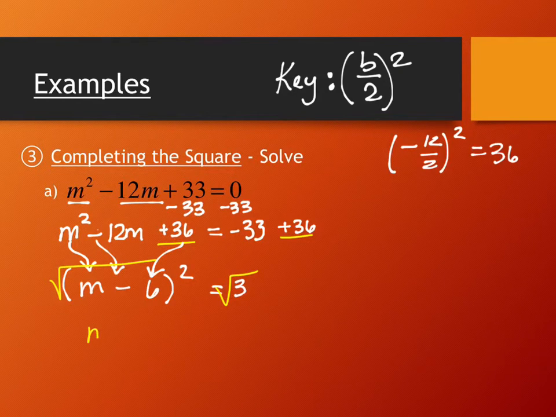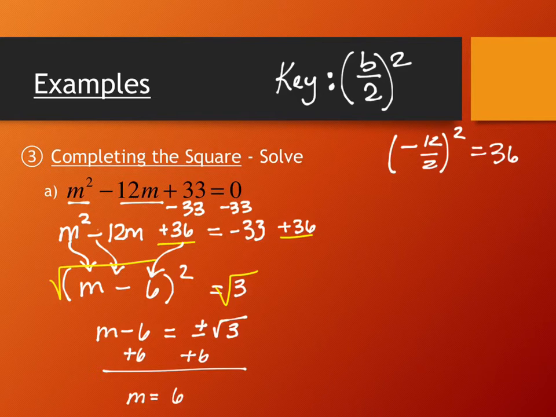I am left then with the m minus 6 on the left. On the right, since we put the square root on, we have to put a plus or a minus. But 3 doesn't simplify, so it's just square root of 3. And then I shift the 6 to the right. And again, it's typically written in front, so we have a 6 in front, plus or minus the square root of 3.